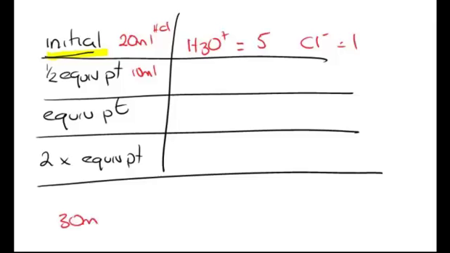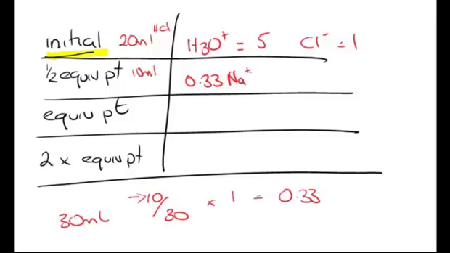Now that means the sodium hydroxide, we've got sodium ions, and there's only 10 mils of those, so that's 10 over 30, so the actual volume that was added over the total times the concentration, which is 1 mole per litre, so that means it'll be 0.33 sodium ions.